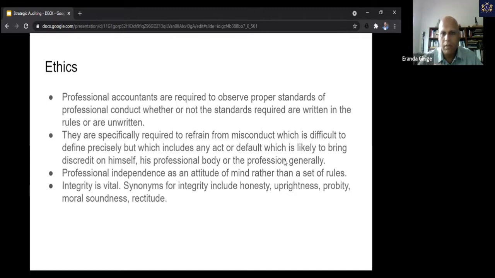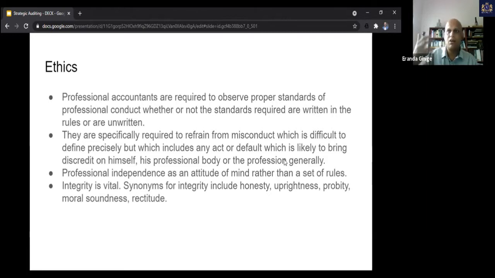But they should not do something which is likely to discredit themselves, their professional body, and the profession altogether, right? If an auditor, if an accountant violates the best practices and ethics and the professional guidelines and conduct and rules, then they discredit themselves.